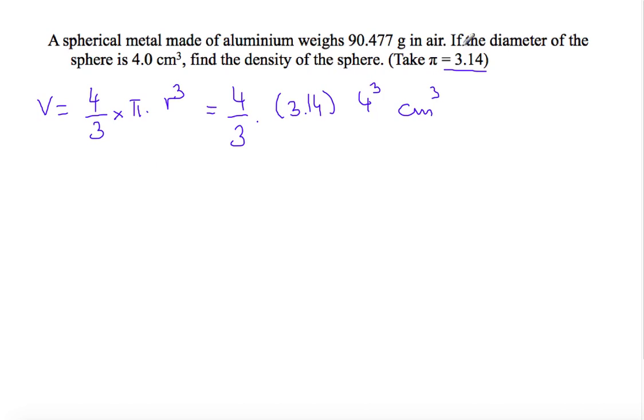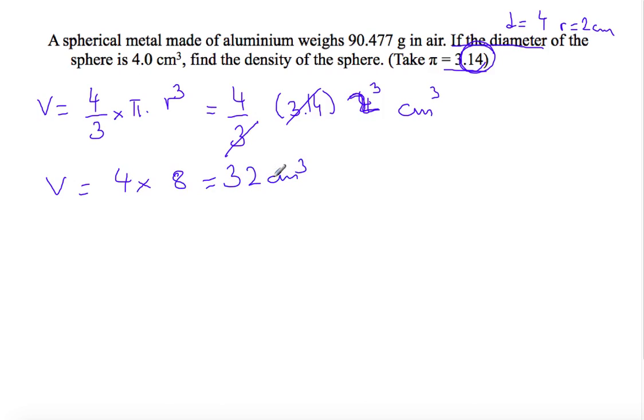But we missed a point, because the diameter is 4. If the diameter is 4, the radius must be 2 centimeter, so we need 2 cube. Let us accept pi is 3, so it is easy to calculate with cancellation. 4 times 3 times 8 over 3 means 32 centimeter cube.